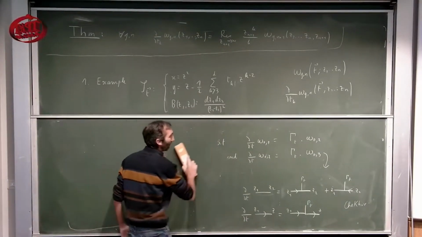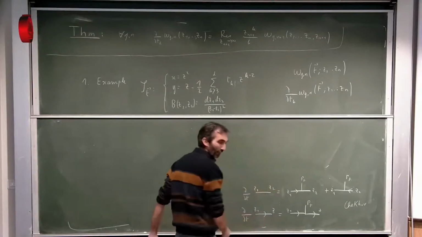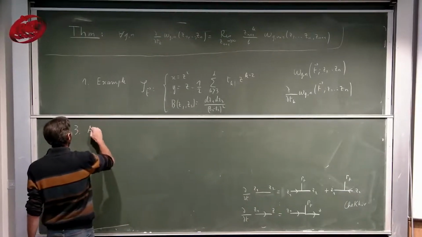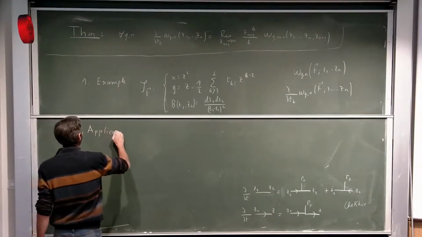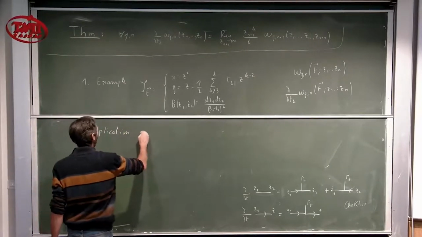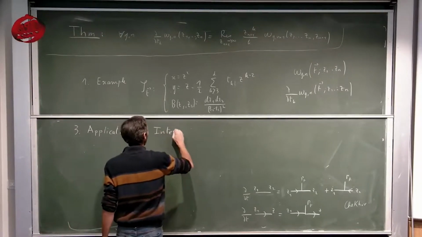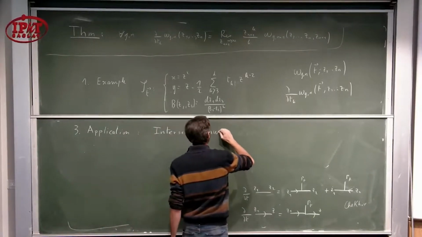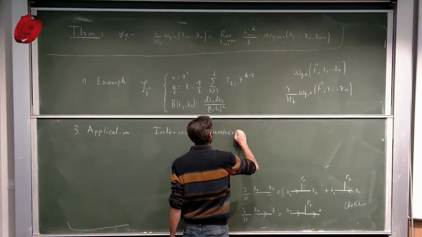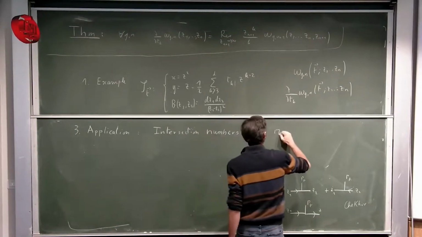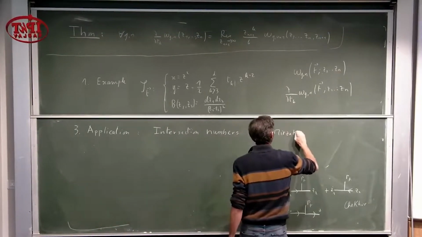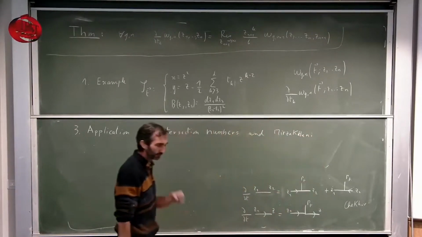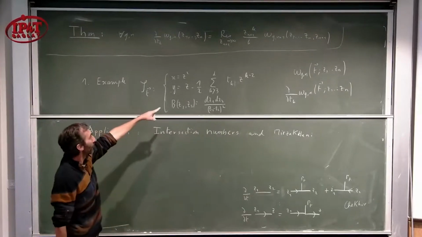So let's look at an application, which is probably number 3, to the intersection numbers. So I'm continuing this spectral curve.